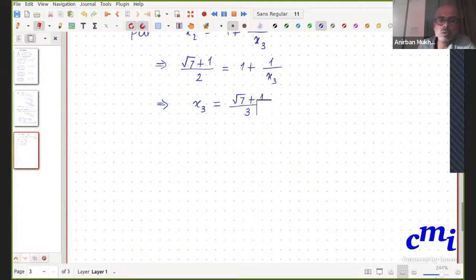But you would of course notice that the square root of 7 is just remaining. Isn't that very bad? So let's see. That's not it. Square root of 7 plus 1 by 3 is the last one we got.